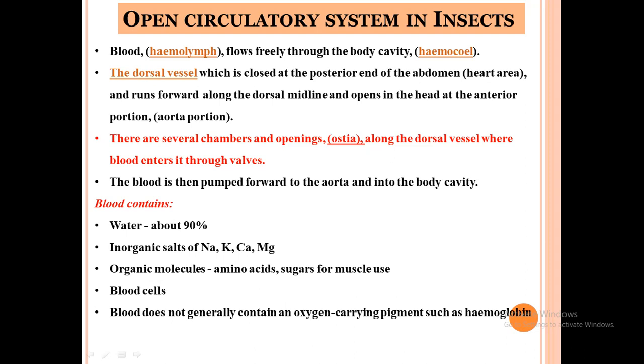The hemolymph makes up approximately 5% to 40% of the total body weight of an insect, depending upon the species.